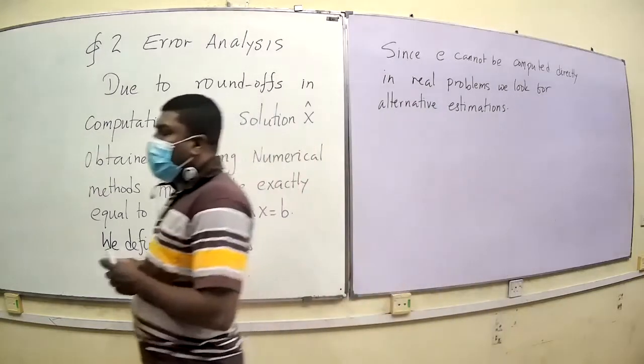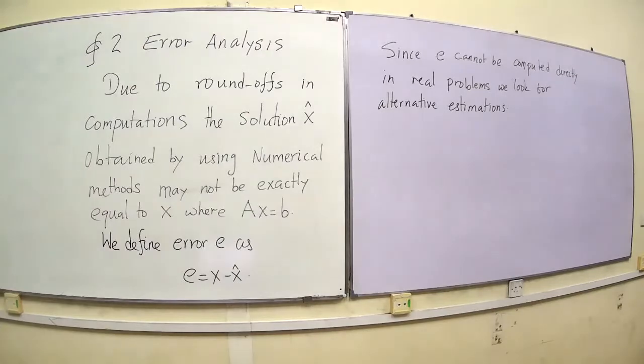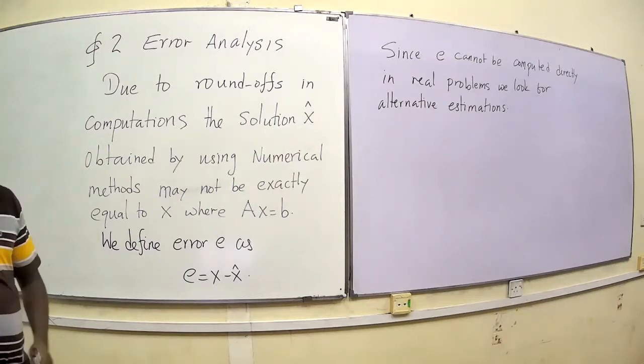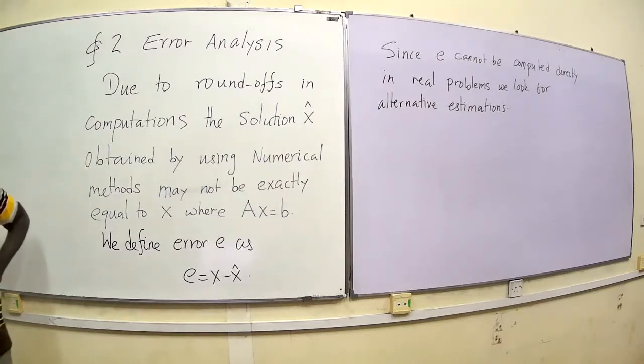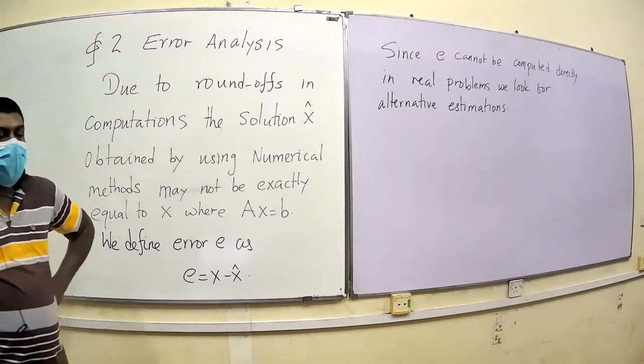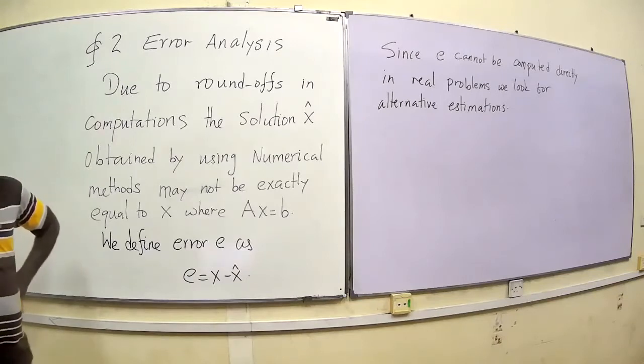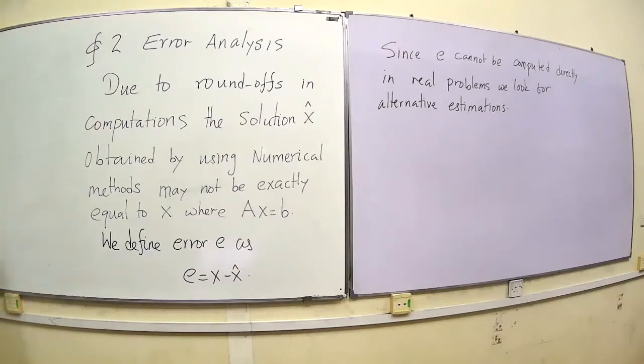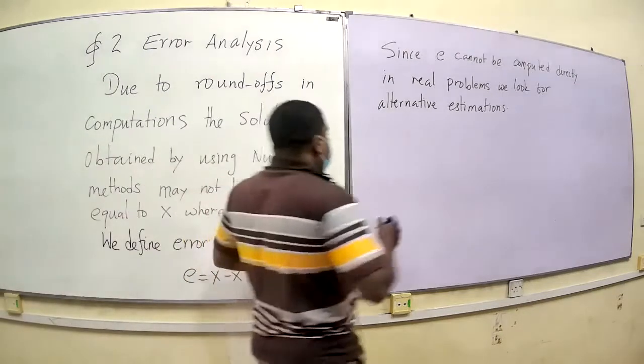Right, because obviously in a real problem you don't know the error or you don't know the exact solution. So you don't have the exact solution, so you don't know how to find the error. If you could find the error, then you could always find the exact solution. That is not the case, right? So because of this problem, we have to find something else which might help us to estimate the error. We call it residual.